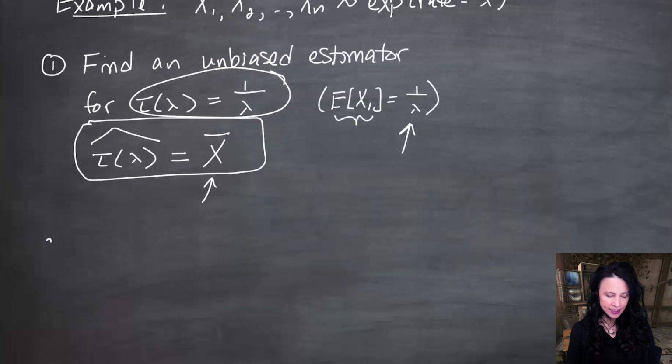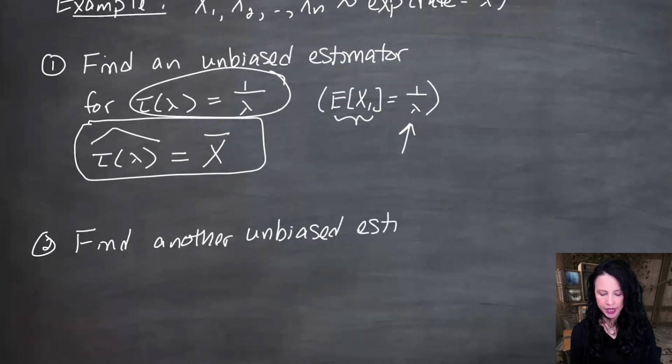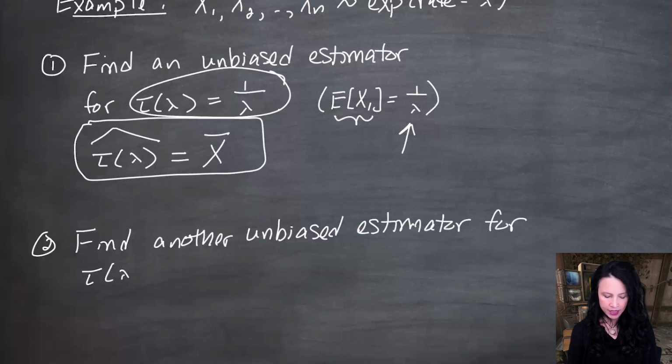As a second point here, let's find another unbiased estimator for this tau of lambda equals 1 over lambda.